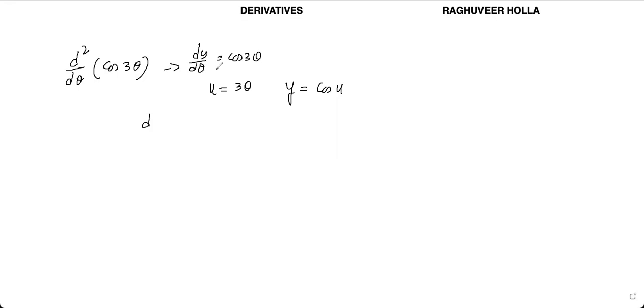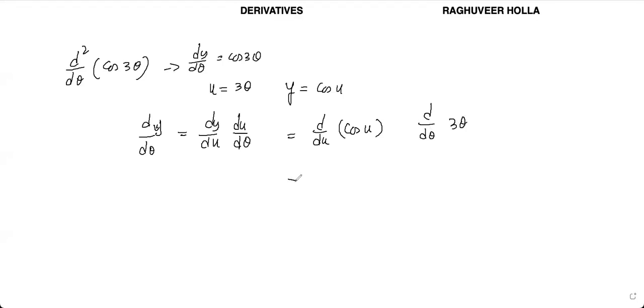Now dy by d theta is dy by du into du by d theta, which is d by du of cos u and d by d theta of 3 theta. This is minus sine u, and this is 3. So this will be minus 3 sine 3 theta.